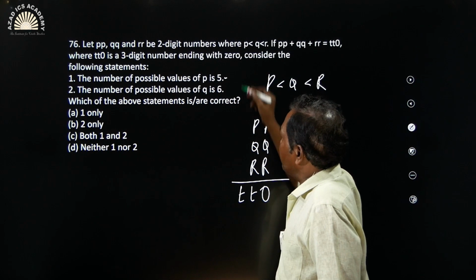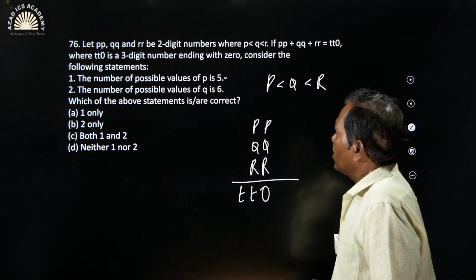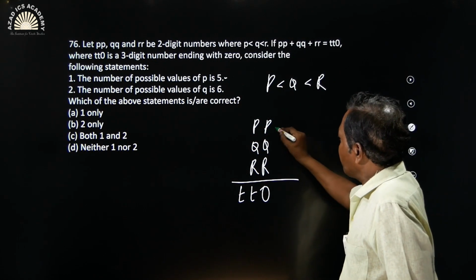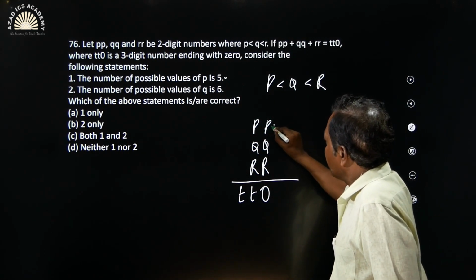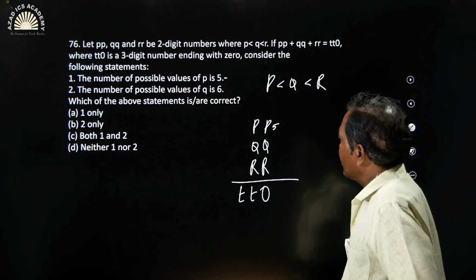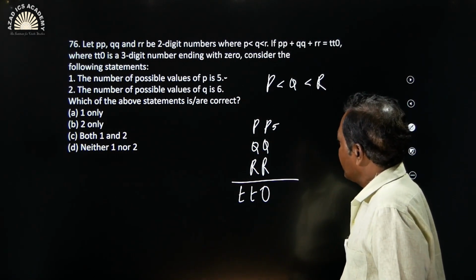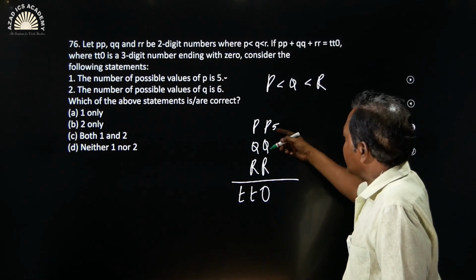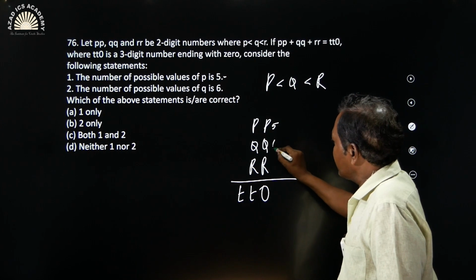Let us check with 5. Possible values of P is 5. Let us take P can be 5. Then what would happen? P less than Q less than R. P less than Q. Let us take 6.